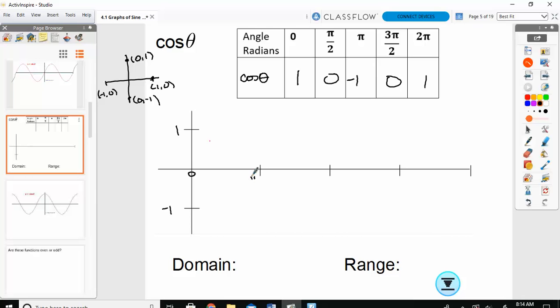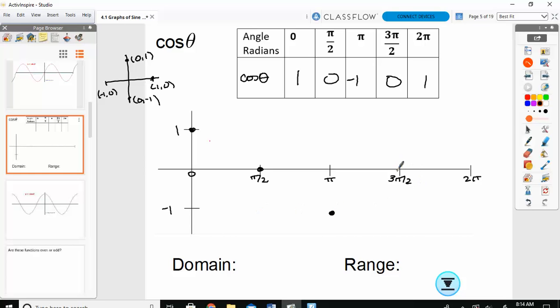So I'm going to label my points. Cosine of 0 is 1. Pi over 2 we get 0.